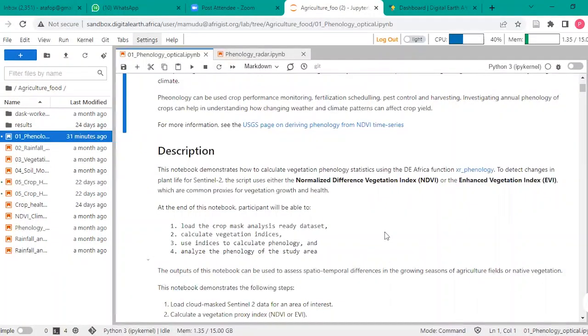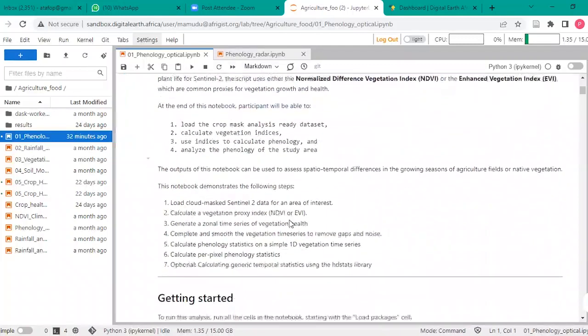To do that, we are going to load the crop mask analysis ready data sets from Digital Earth Africa. We're going to calculate vegetation indices, particularly the Normalized Difference Vegetation Index. We'll use that index to calculate the phenology, and then analyze the phenology of the study area.